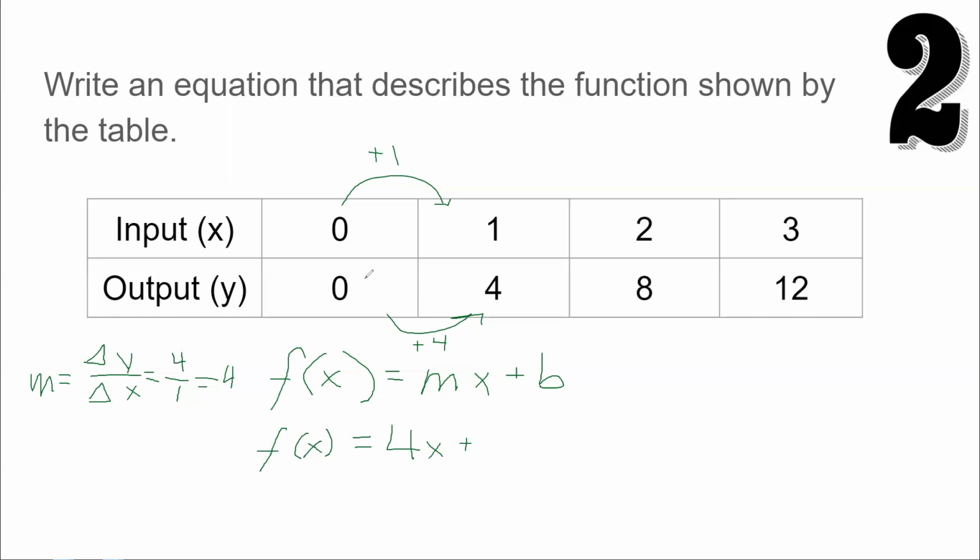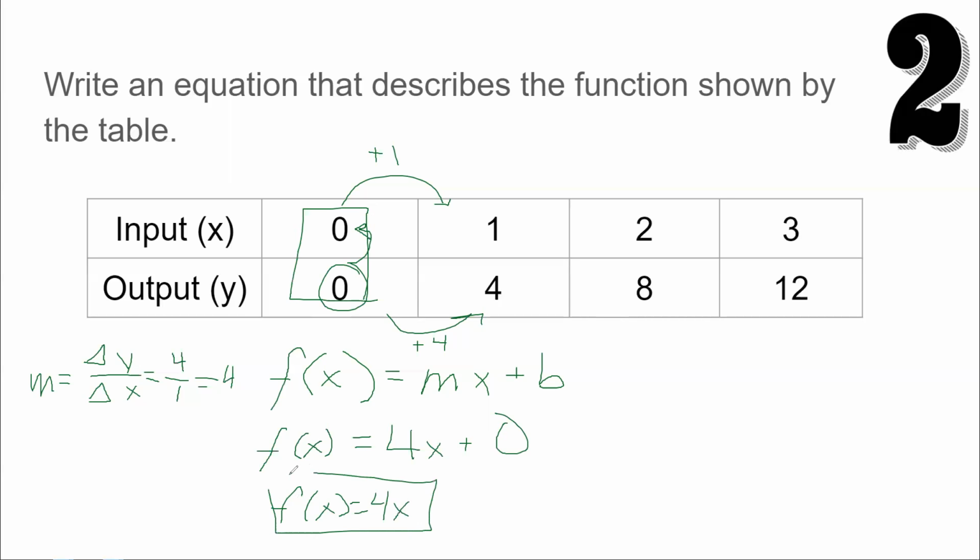So that means we have to look where y is 0. We're looking at x. So y is 0 right here, and our x is 0 actually at the same time. So technically it's going to be plus 0, but you can always just write f of x equals 4x, because that's simplifying this function right here.